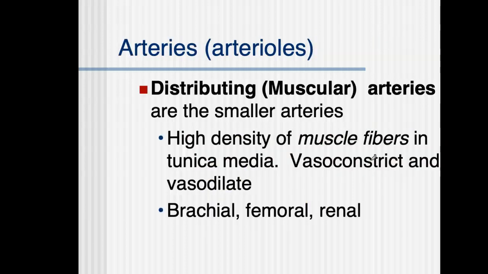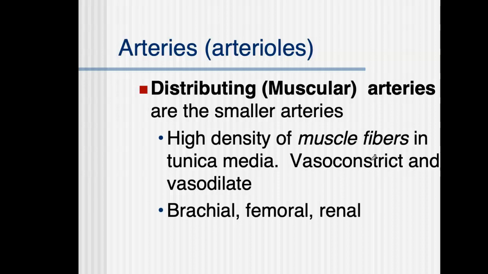All right, so let's differentiate those from arterioles. So these are arteries also. They're slightly smaller, and we're going to call them distributing arteries or muscular arteries. And they have a lot of muscle fiber in their tunica media. So less of the elastic and more of the muscle.